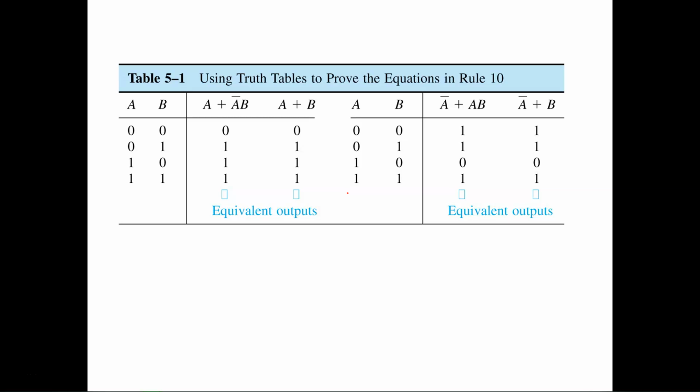We start off with signals A and B. For the first table, we have A plus the inverse of A times B. A plus A is 0, B is 0, you get a 0. And the same as if you do A plus B.